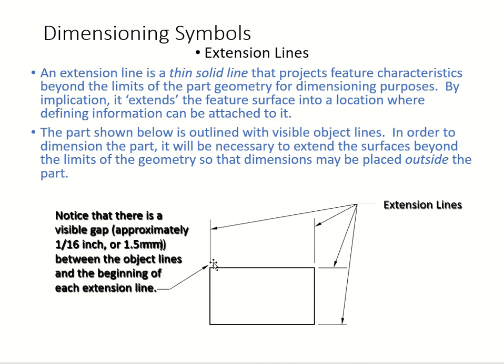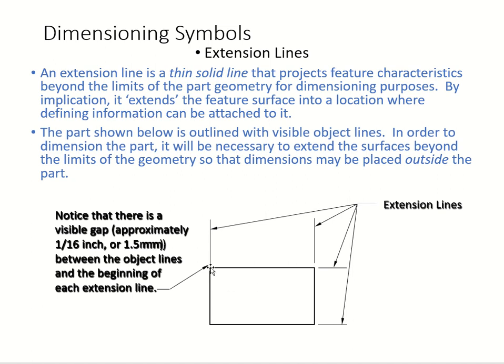I know that some of you draw it from this edge all the way continuously. Don't do that. Leave a little bit of gap, about 1/16 inch or 1.5 millimeter. It doesn't have to be accurate when you draw by hand. If you draw nice straight lines using a ruler, then I'll feel very happy.